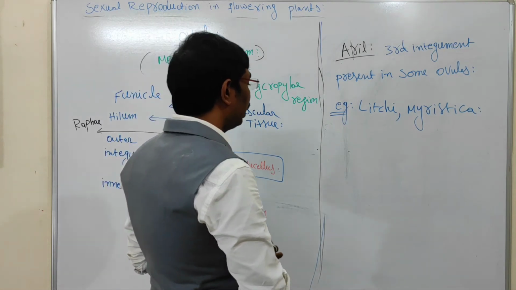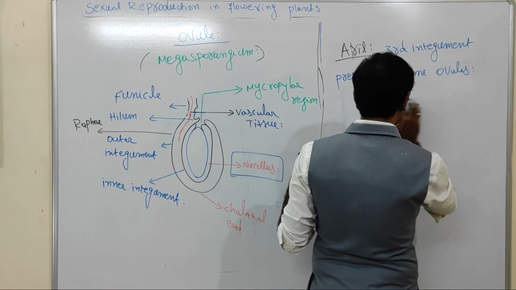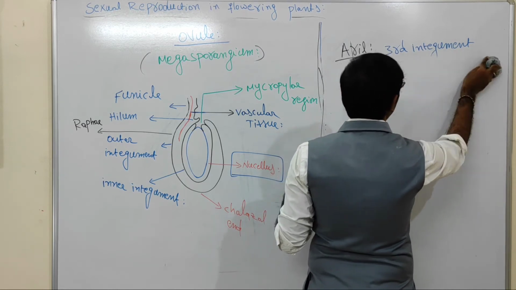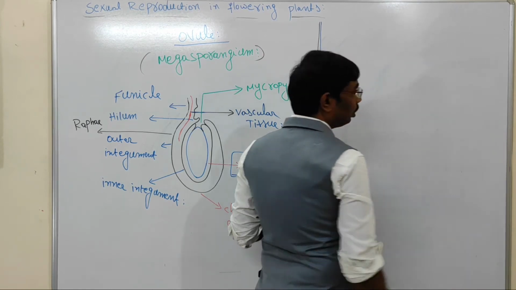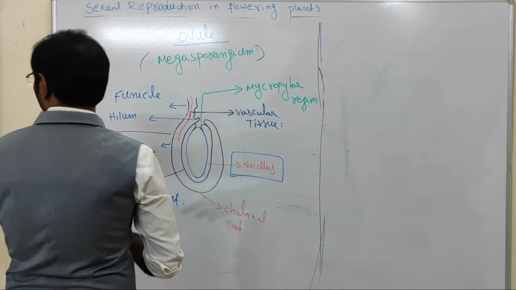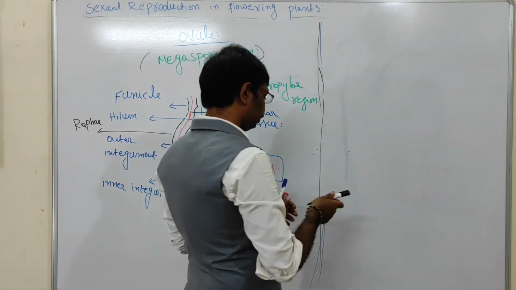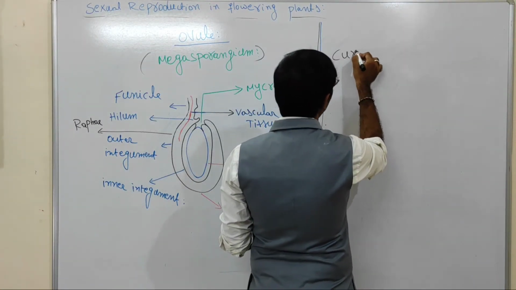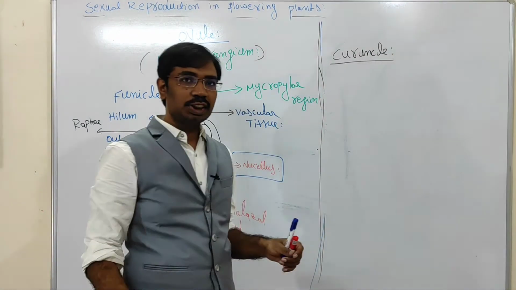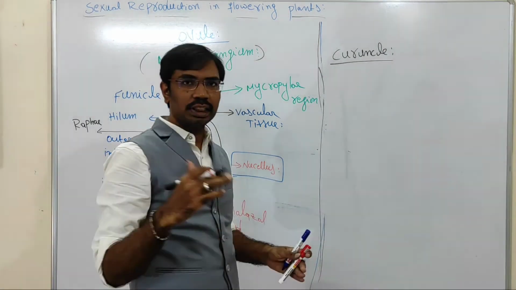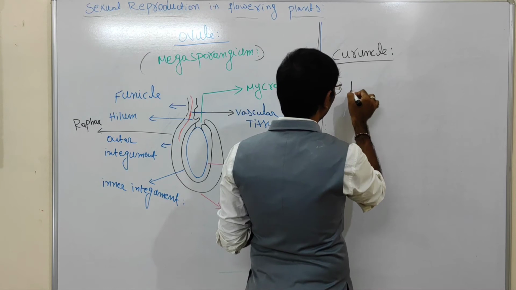Another kind of integument, which is very interesting, is called caruncle. The caruncle is another special kind of integument. What is the caruncle? It is a proliferation of the outer integument.